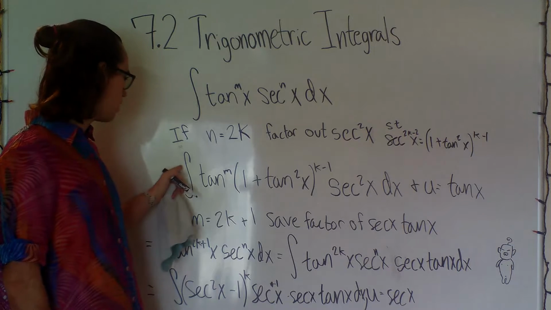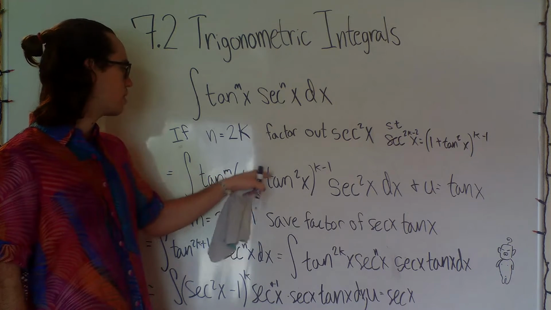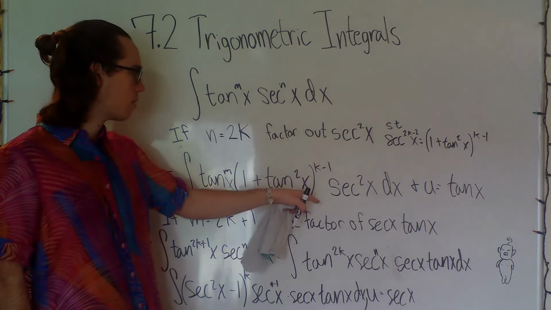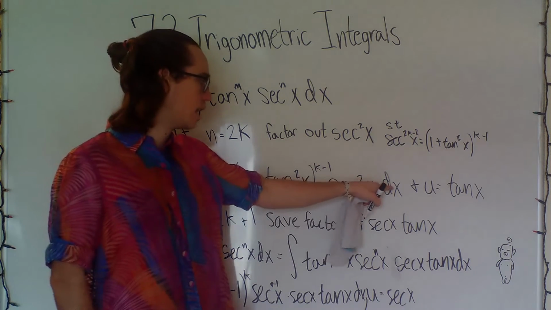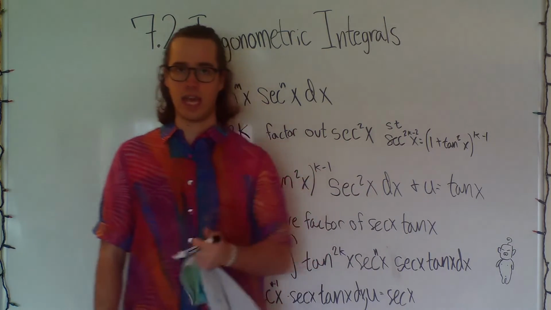Well, this would equal the integral of tan to the mx times 1 plus tan squared x to the k minus 1 power times secant squared x dx. And for your u substitution, let u equal tan x.